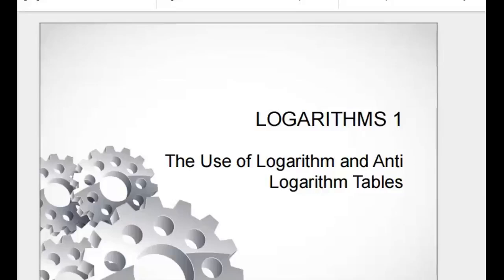We shall be looking at the logarithms of numbers, and in this class we shall be making use of the logarithm table.